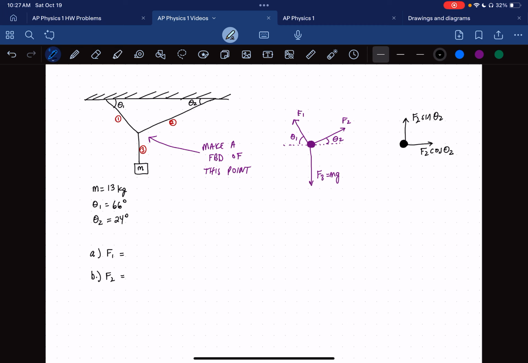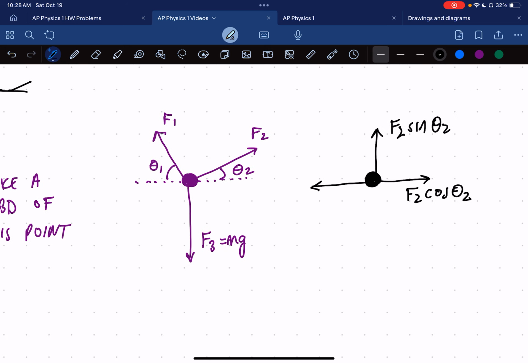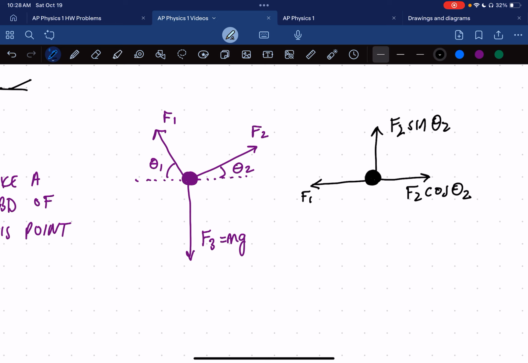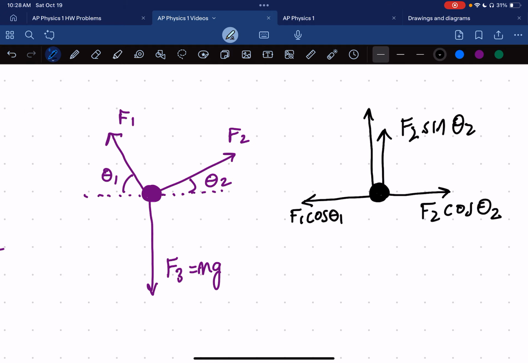Let's make F1 into components. We have a horizontal component. Should be equal length with this one. That is called F1 cosine of theta 1, and we should have a vertical component, and purposefully make this a different length than F2 sine theta 2.